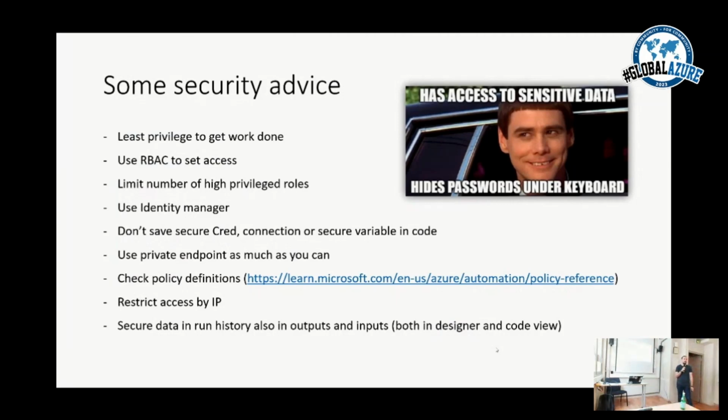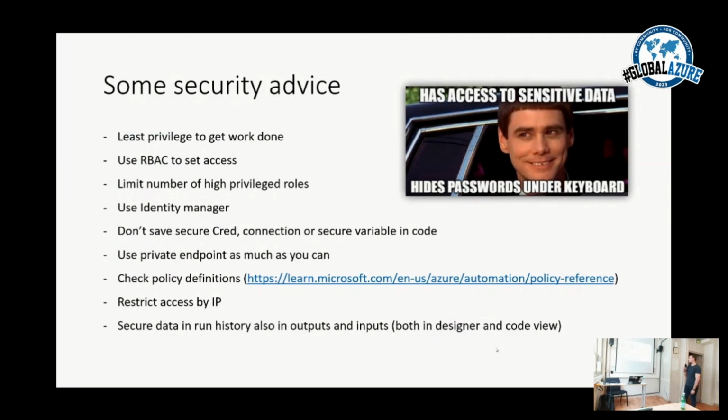And also this API management helps you a lot to keep your API systems from public access. Always check policy definitions for your environment and make sure that your policies are compliant in different ways. Restrict IP access, and you can use that for Logic apps and Function apps easily.